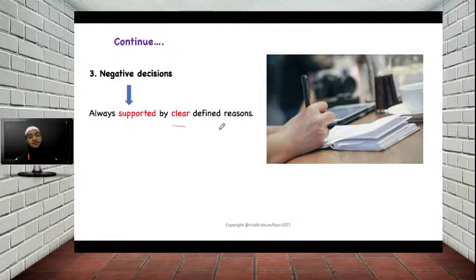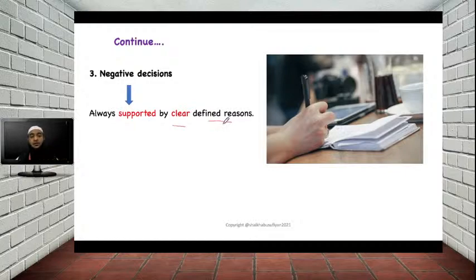If the trial is terminated, whatever amount was spent until that time will go in vain, right? So any negative decision must always be supported by a clearly defined reason, so that both the sponsor and the investigator are convinced by your decision.